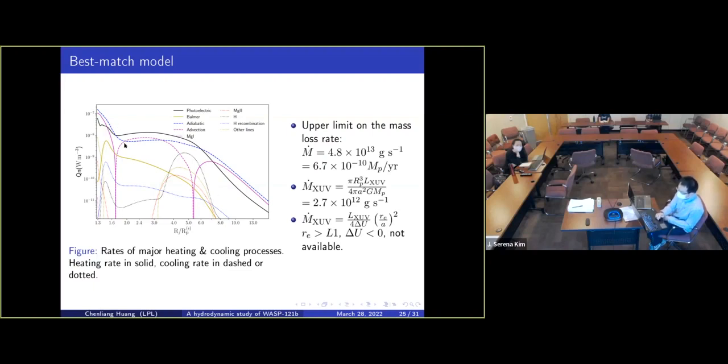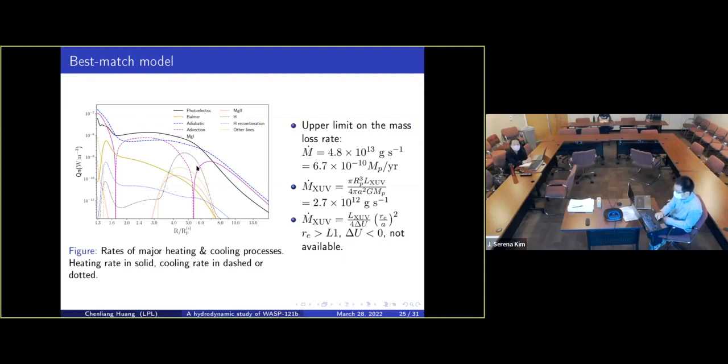Yeah, and for the cooling channel now, previously without the tidal force, magnesium 2 and hydrogen Lyman alpha could play an important role, but with the tidal force, basically the adiabatic, hydrodynamic rates dominate all the cooling.